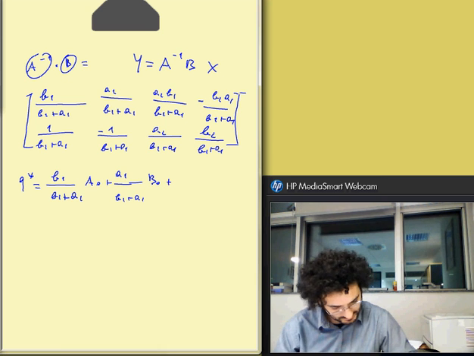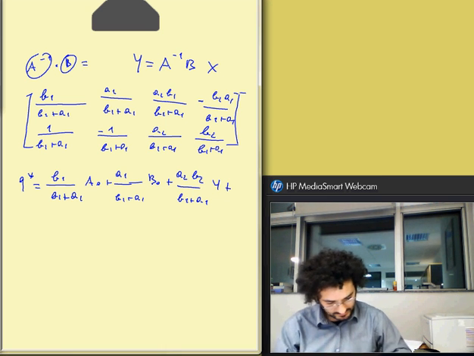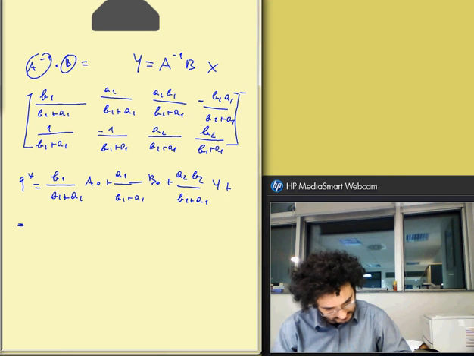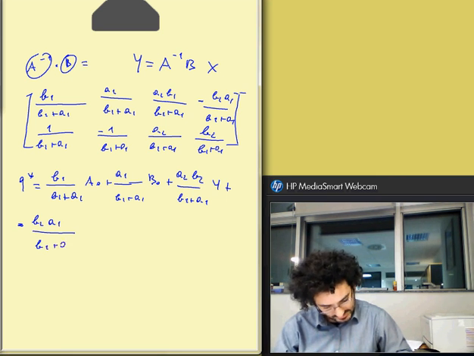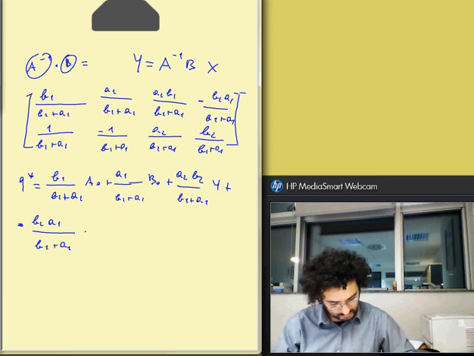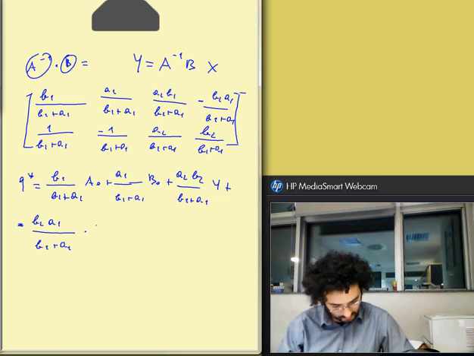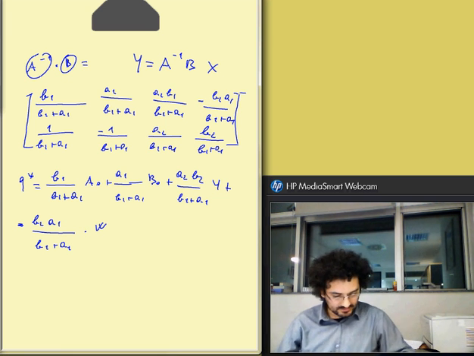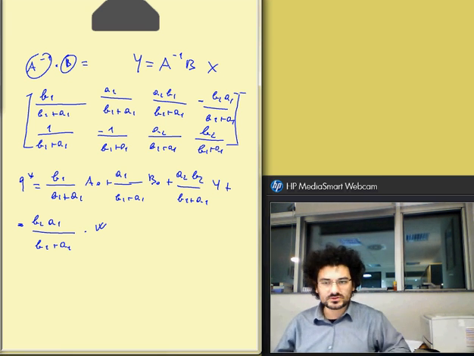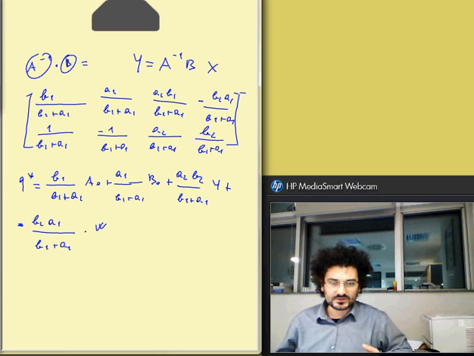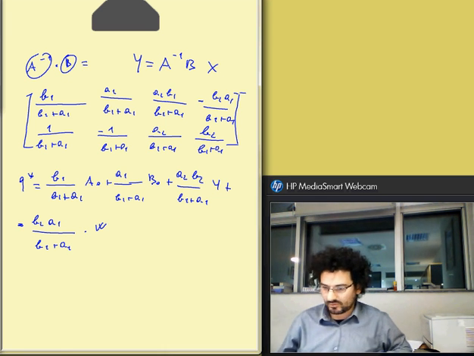Then we have plus A2 B2 over B1 plus A1 Y plus again minus B2 A1 over B1 plus A1 multiplied by the last exogenous variable, which is W. And this is the first endogenous variable in function of all the exogenous variables.